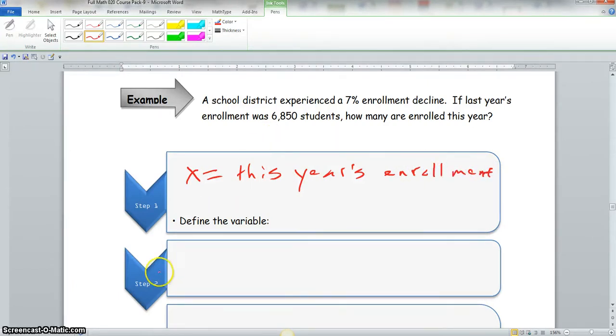So now what we would do is we would have X is equal to last year's enrollment minus this year's decline, which would be last year's enrollment times 0.07 to reflect the 7% decline.